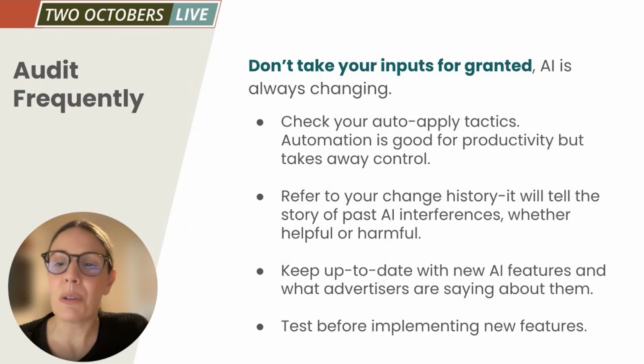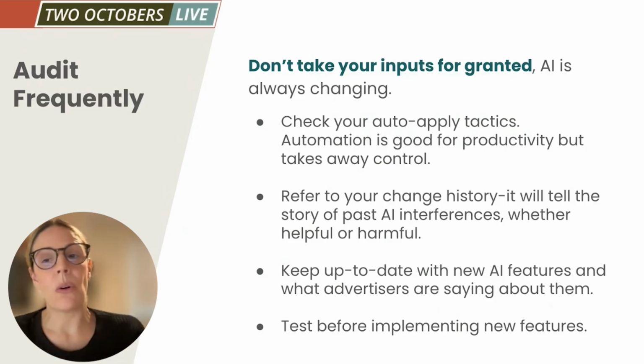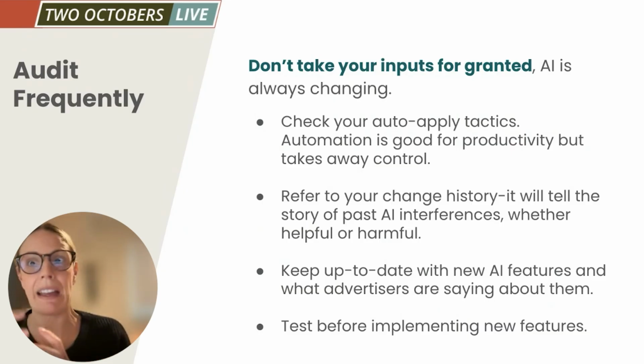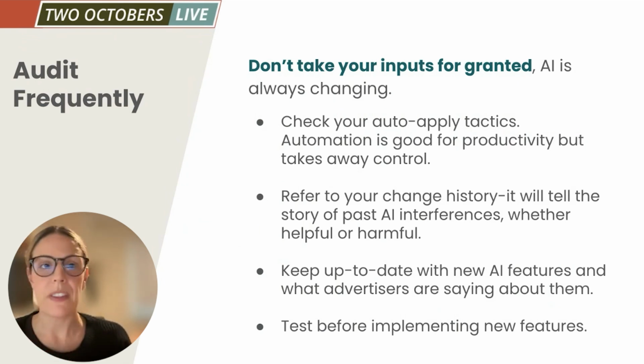So checking auto apply tactics regularly, ensuring that you're still in control of all of the potential text additions, potentially assets that could be created by AI within a platform is going to be crucial.